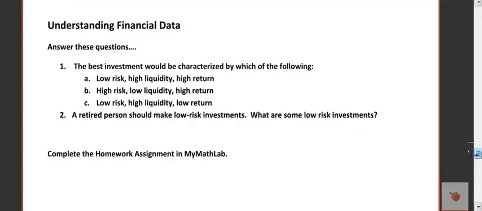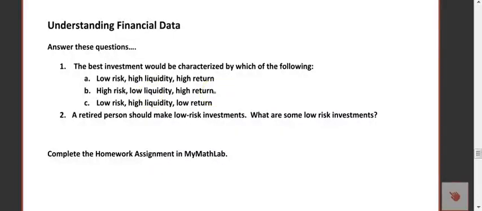So, in understanding financial data, the best investment would be characterized by which of the following? I've got three parts, A, B, or C. Low risk, high liquidity, high return, that's one scenario. Or high risk, low liquidity, high return.